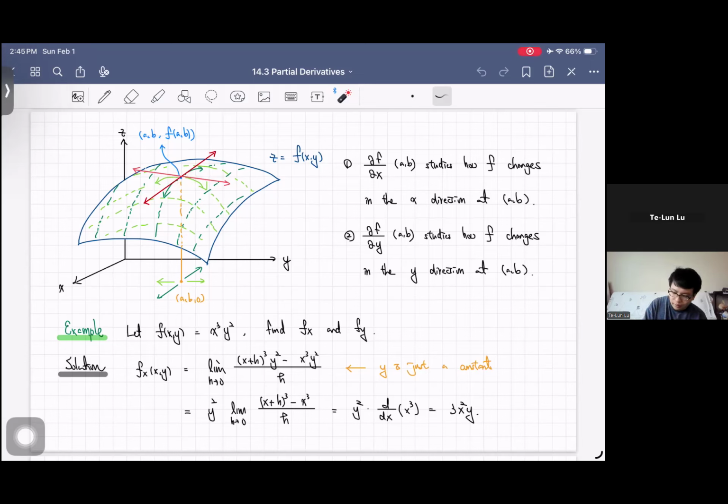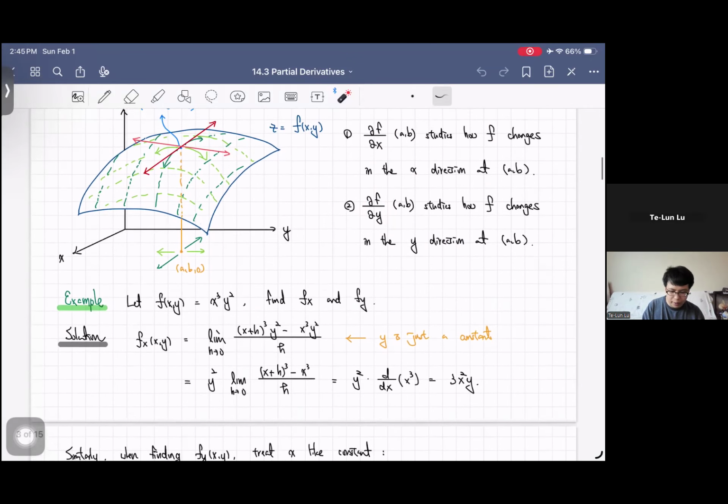So in conclusion, the x directional partial derivative studies f when it changes in the x direction. And similarly, the partial f partial y studies the change of f in the y direction. So to be more precise, we can actually find a set of tangent lines at a point in the x direction and y direction, which we will do just now.